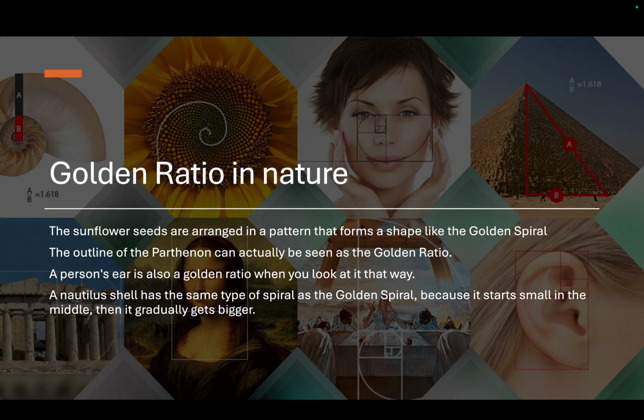Also, a person's ear is actually the golden ratio if you look at it on the side, because it has the right shape. And if you check your own, it would also probably look that way. And lastly, a nautilus shell is the same type of spiral as a golden spiral, because it's small in the middle and then it gradually gets bigger, just like the golden spiral in the previous few pictures.